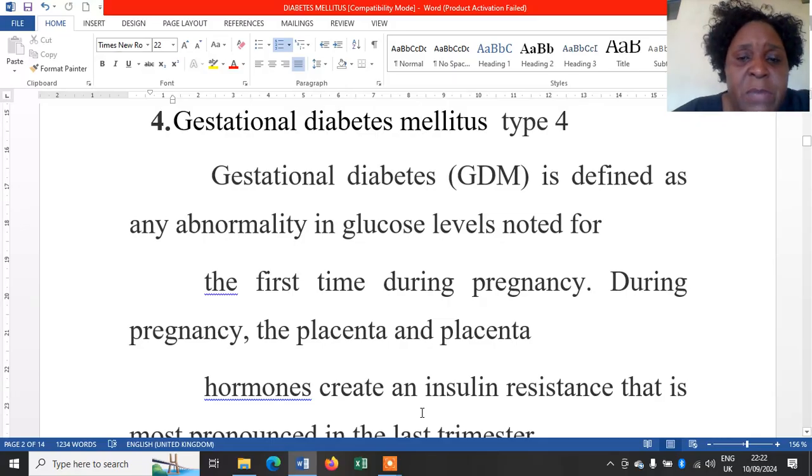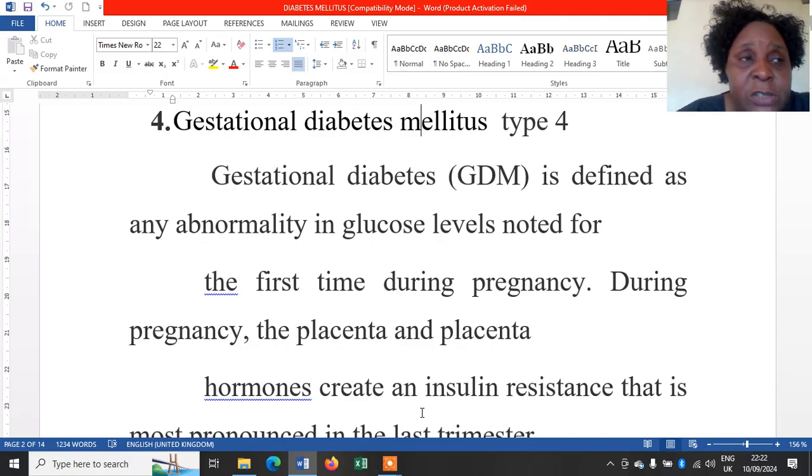So what we call diabetes mellitus type 4 or gestational diabetes, this mother has not been having any history of DM. But when this mother becomes pregnant, she presents with some signs and symptoms suggestive of diabetes, which we shall look at. And on lab testing, we are recognizing cases of hyperglycemia, either in urine or blood, for the very first time.